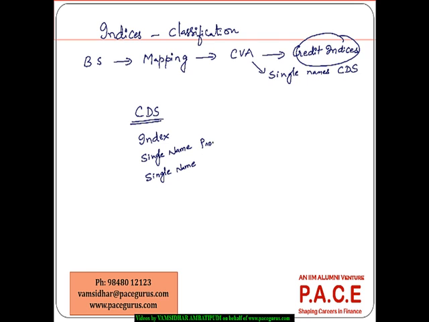So here the mapping can be done like this. Either I map it directly to the single name, which means it is traded. I can have the proxy of the single name, or I can have the proxy of the entire index.